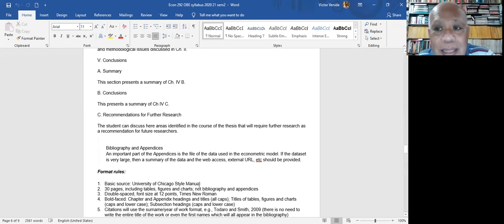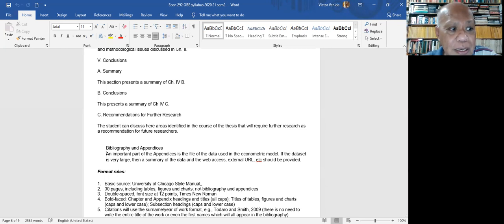But when the data are too huge, like for example, you got 3,000 observations, you can at least mention in the appendix the code for the data and how that data can be accessed and what data codes you use.